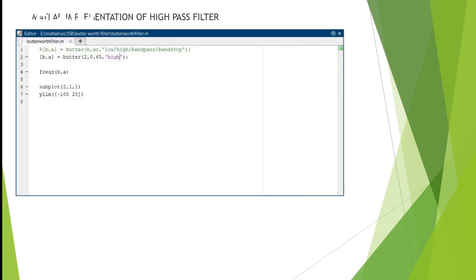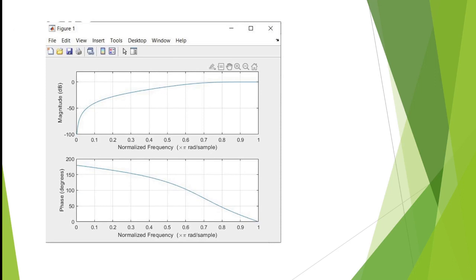Whereas coming to the high pass filter, we will be replacing the type of filter from low to high in the statement as shown above. And after running the code, we will be getting the graph as shown on the screen.